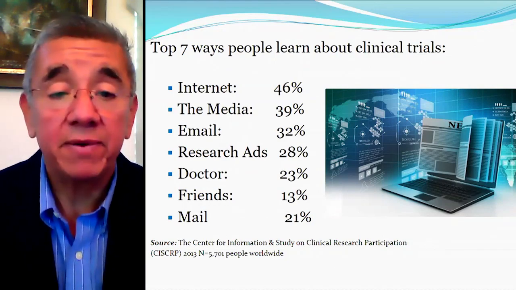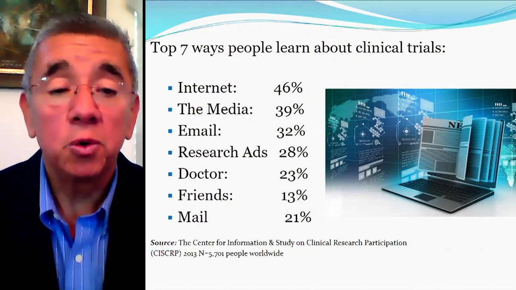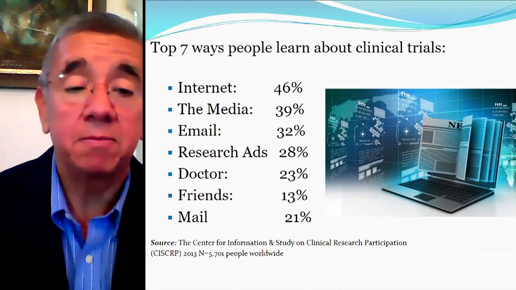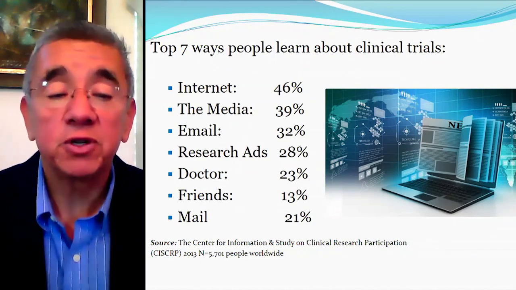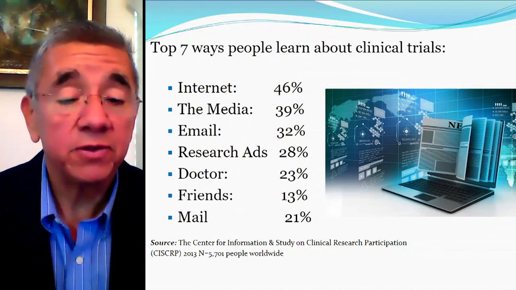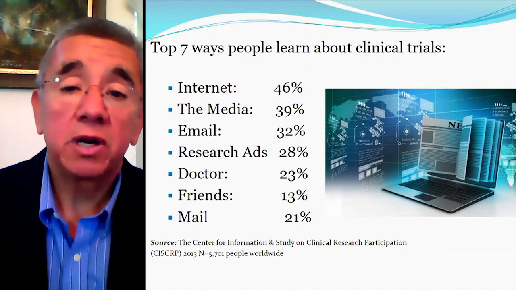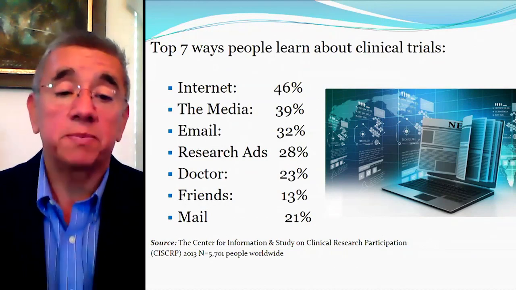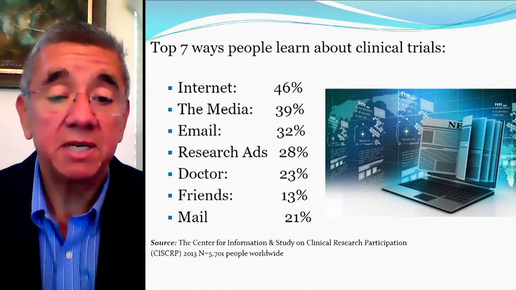We have a registry of more than 56,000 people who willingly give us their emails. So 32% of our recruitment efforts go by email. Then research ads, doctors, word of mouth from doctors and friends, and also mailing are other ways to learn about clinical studies. This information was obtained by the Center for Information and Study on Clinical Research Participation.